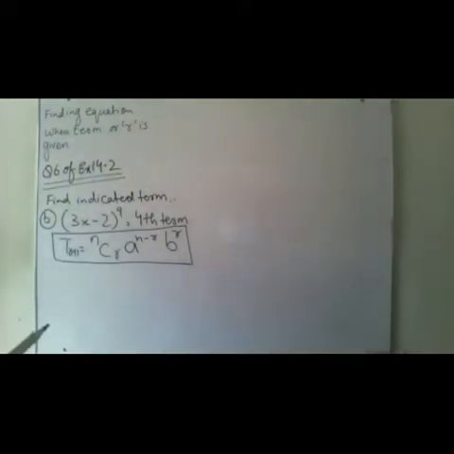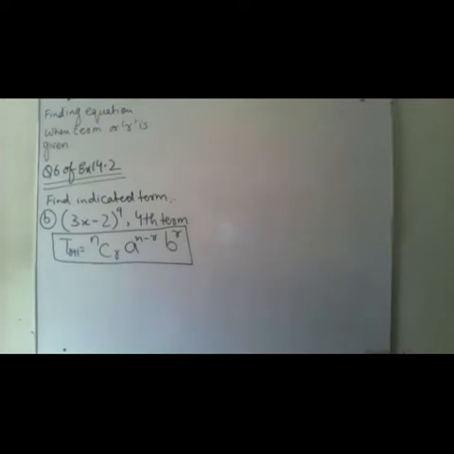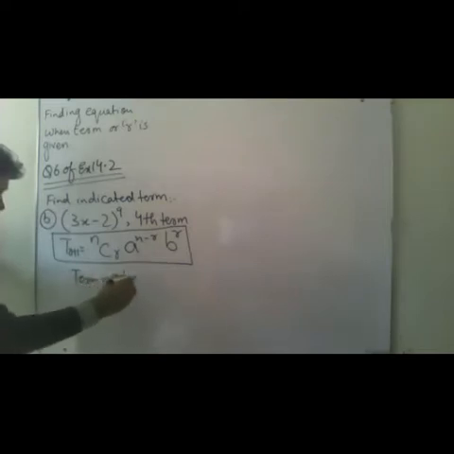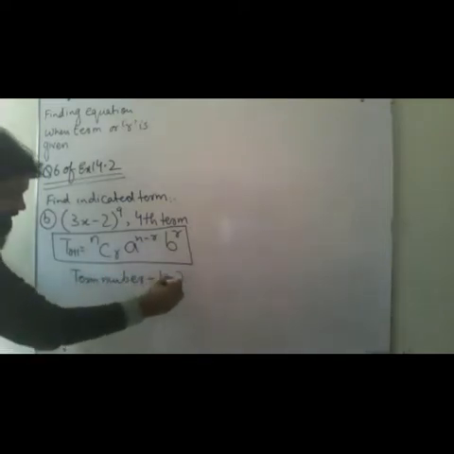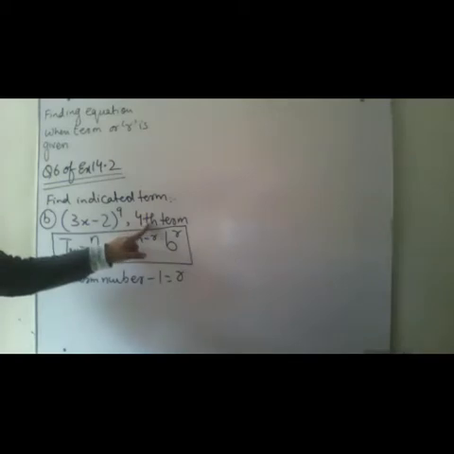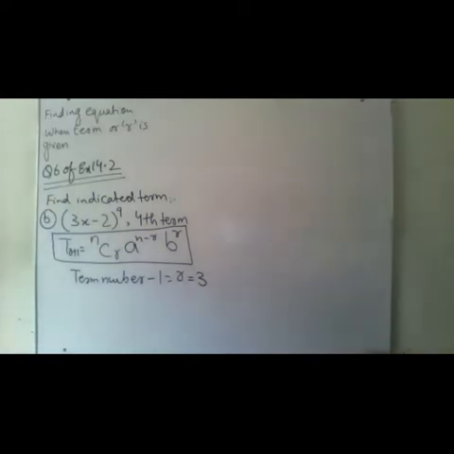Now they are saying that we have to find the fourth term. We know that term number minus 1 is always equal to r. So if I'm asking for the fourth term, the value of r will be 3.